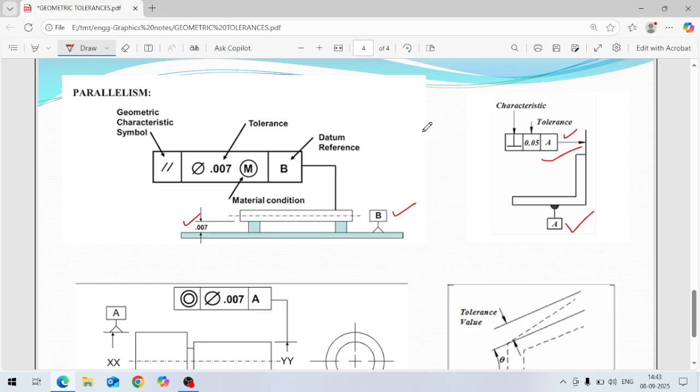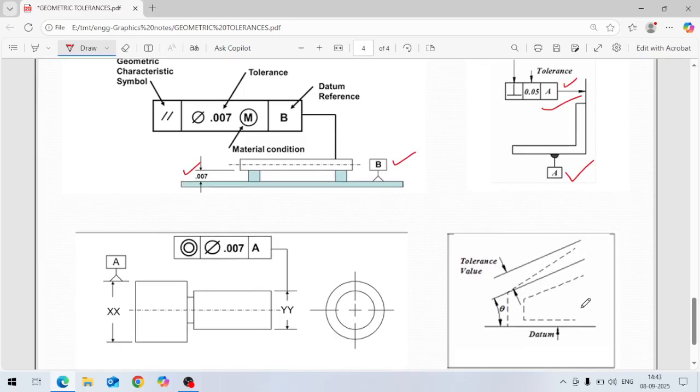And the next thing in orientation is angularity. This is angularity. What is angularity? It is the angular error. This theta angle is given here, some angle, and this is the tolerance value given here. The angle may be 30 degrees plus minus 5 seconds, 10 seconds, whatever. The angle may deviate from the original line to some other angle, and that value is given here, and the datum is also given here.